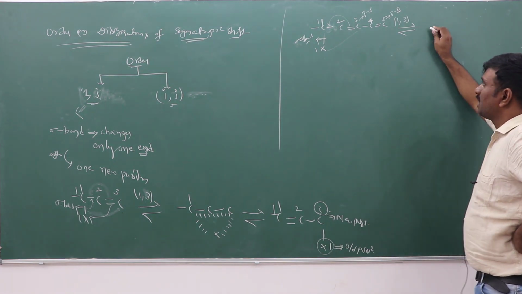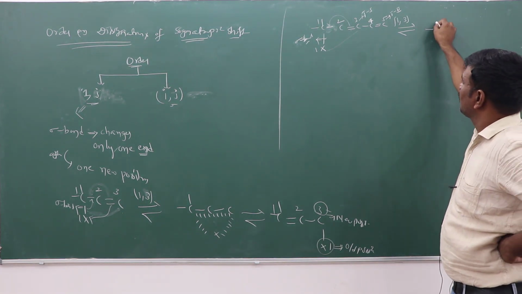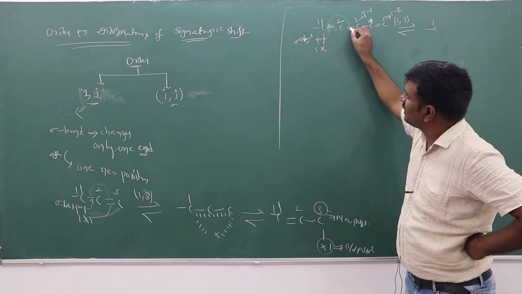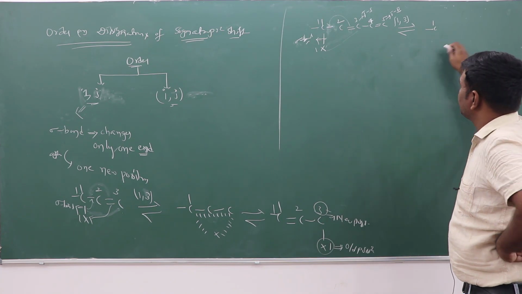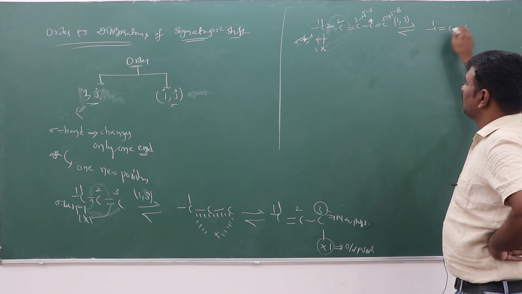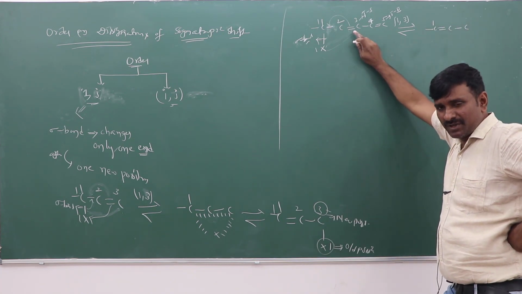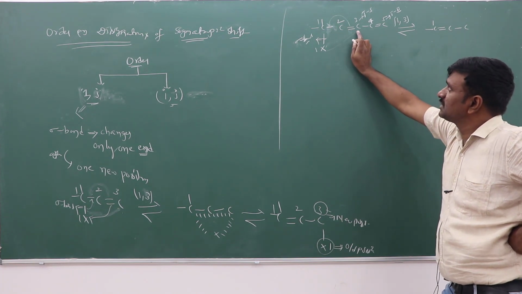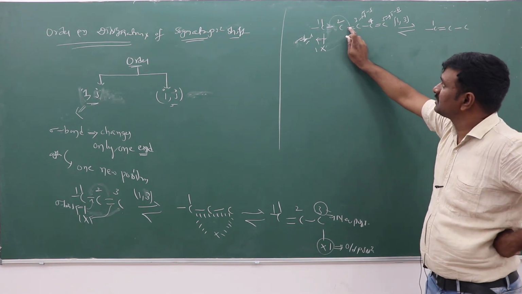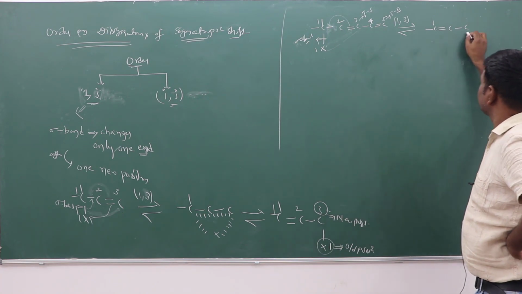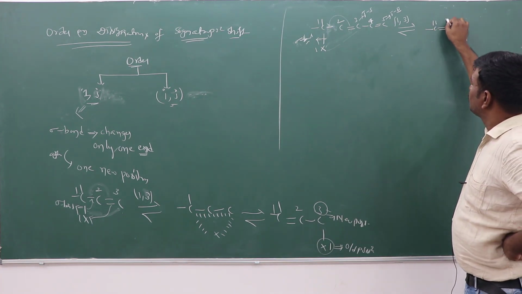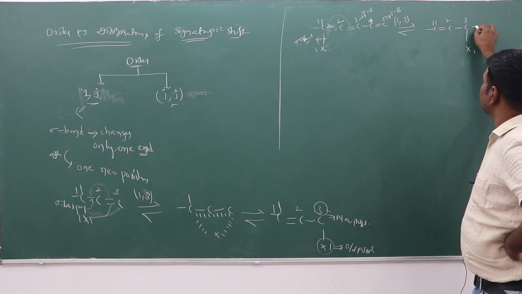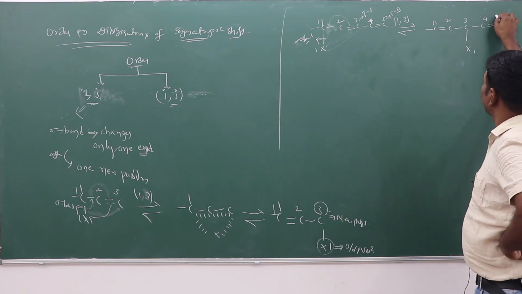So what will happen here is this position is shifted to here, and this is going to be here, whatever it may be, for your convenience. So rearrangement of the pi electrons takes place from this position to this position. If a new bond formation takes place, this is going to be shifted to here. 1, 2, 3, 1, 4, 5.